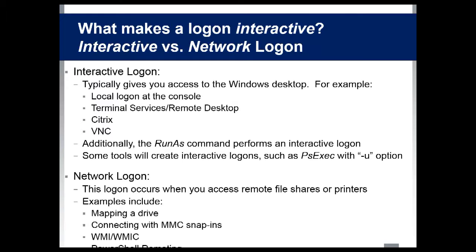PowerShell remoting is a really neat feature. I won't delve into it too much in this case, but in one iteration of it, and one way of invoking it, you basically get an SSH style connection to a remote system. Even though you're basically interactively working with that remote system, you're kind of on the console, or at least on a shell of that remote system, that's still just a network logon, which is really nice.